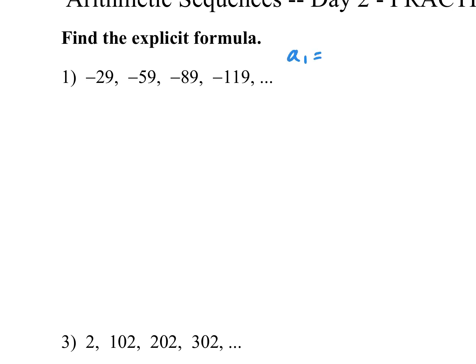Well, you need your first term and you need your D value. Well, one of those things we can find really easily. The first term. It is simply the first number. So, your A1 value is negative 29.